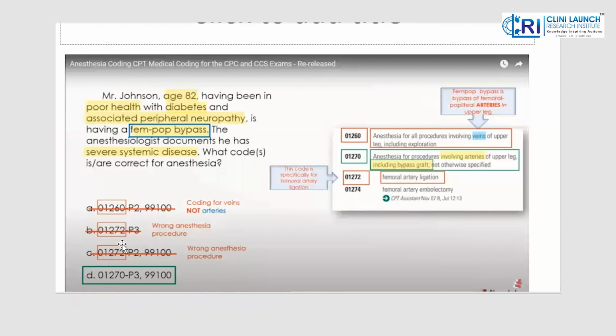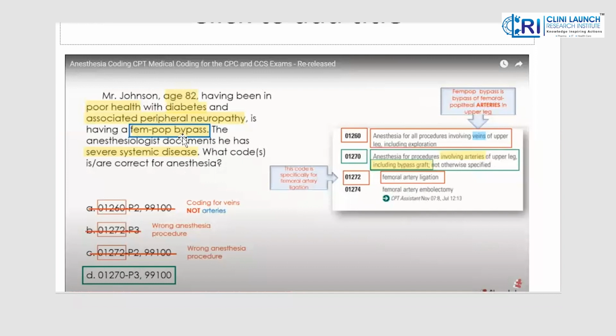So when you look at the second option, 01272, it is anesthesia for all procedures involving veins of upper leg, including exploration, femoral artery ligation, or anesthesia for procedure involving arteries of upper leg, including bypass graft, femoral artery ligation. So here we don't have any femoral artery ligation, correct? But we are having a procedure involving the arteries of upper leg, including bypass graft.